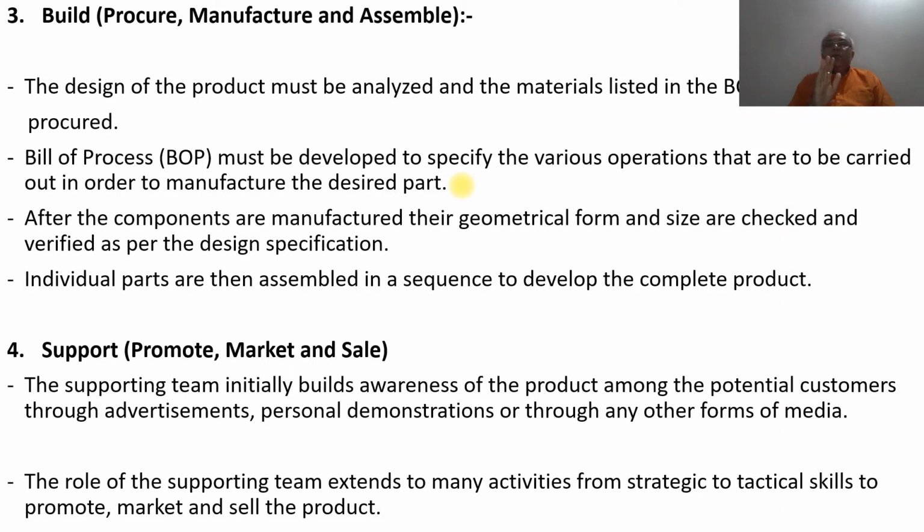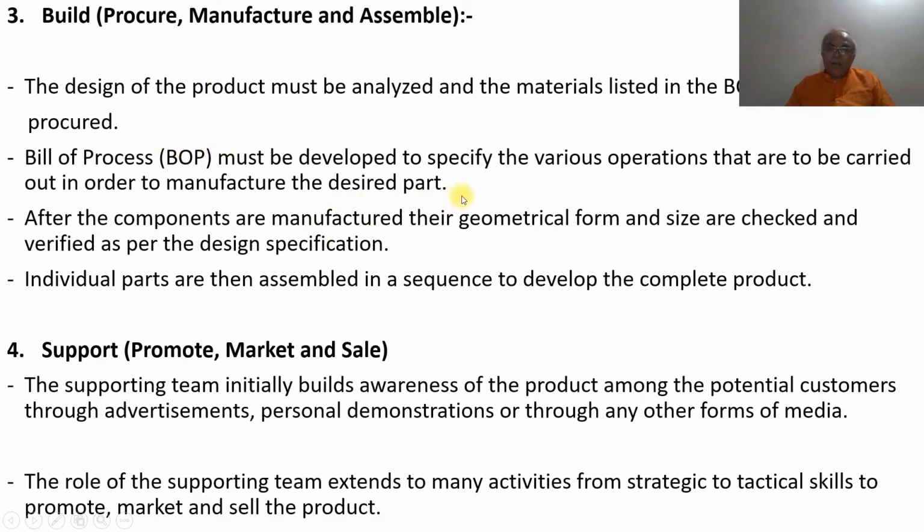All those things are analyzed, and if a complicated process has to be carried out, whether special jigs and fixtures or a special fixture design is required. All those things are analyzed in the bill of process.